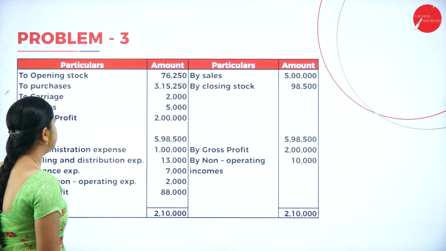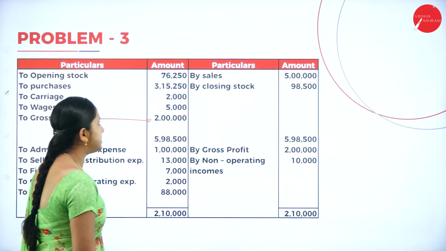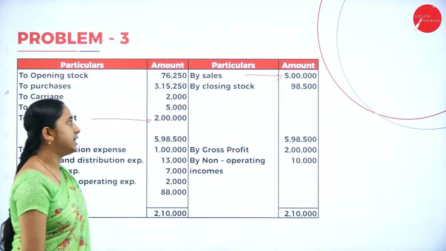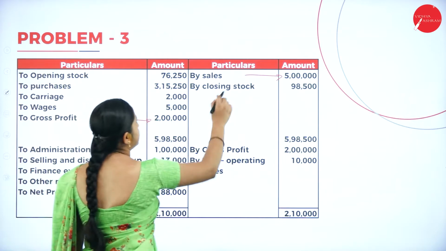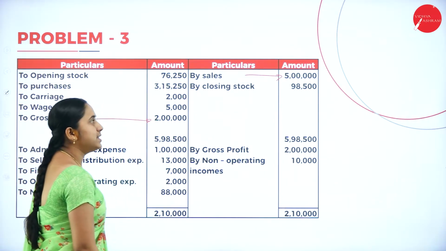In this problem, we have gross profit of rupees 2 lakh and net sales. Net sales is total sales minus sales return. So we have only sales. We don't have sales return in this problem. So 5 lakh is considered as net sales.